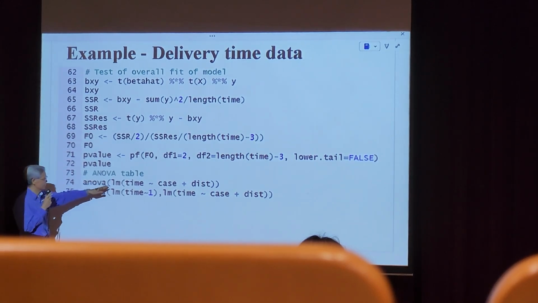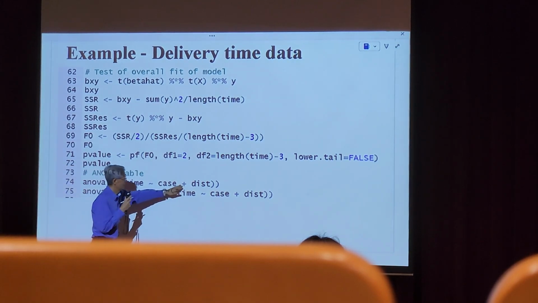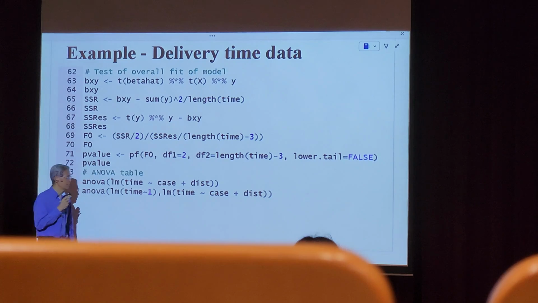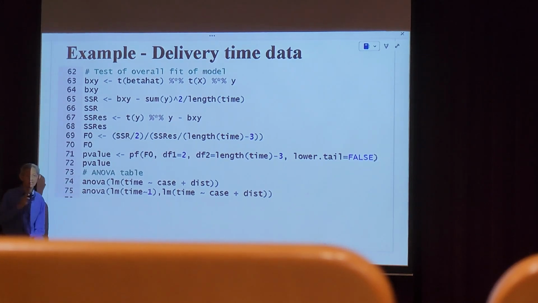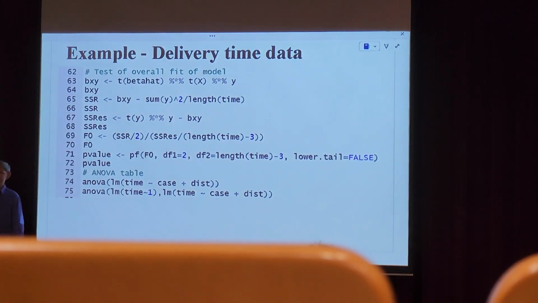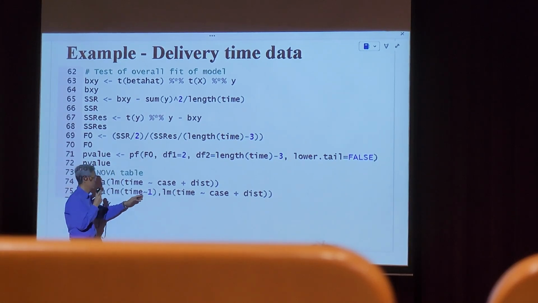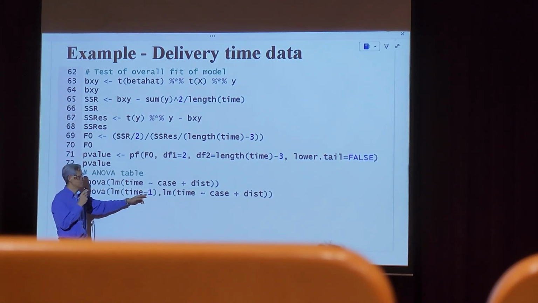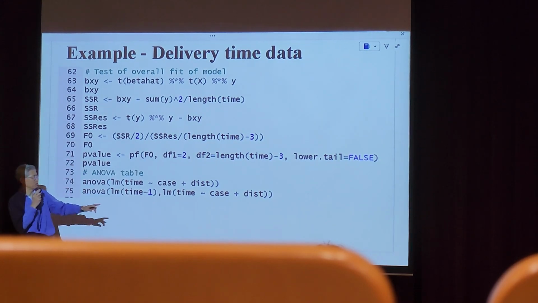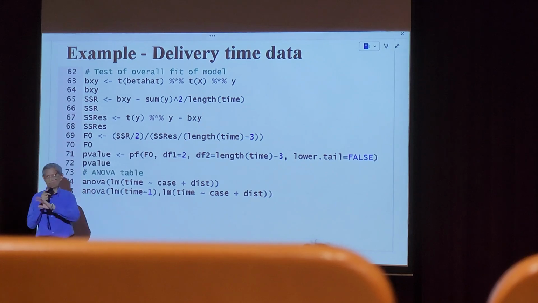So here I'm fitting a model, case plus distance. But this ANOVA will not give me the test that I want for testing the overall model. In order to test the overall model, I need to compare this model with this. This means you are not fitting with any regressor.